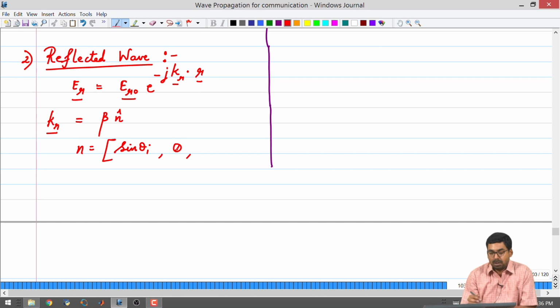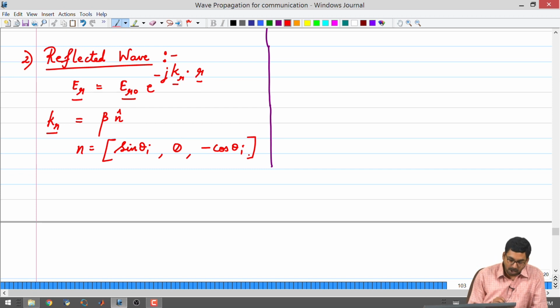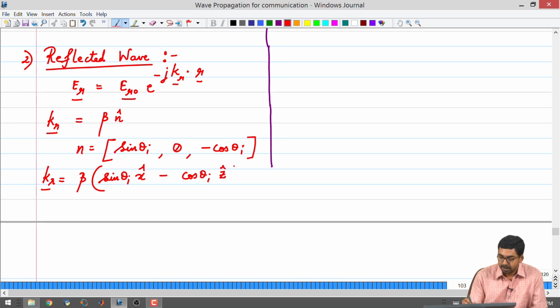So, you have to account for that and write it as minus cos theta I. Once you have written the components, you can write down what k r is going to be. So, k r is going to be beta multiplied by sin theta I x hat minus cos theta I z hat.